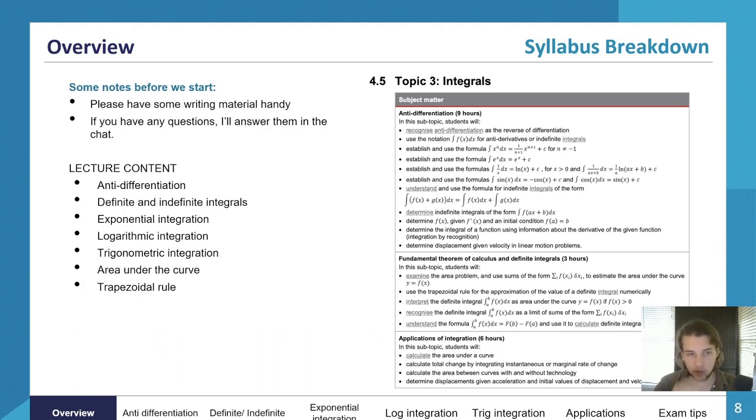Now, we're going to look at specific forms of integration, that is exponential, logarithmic, and trigonometric, after we look at the basic stuff, your more common rules, for example, integrating a polynomial. Then we have the practical application of looking underneath the curve, and the trapezoidal rule, which is also about looking underneath the curve.